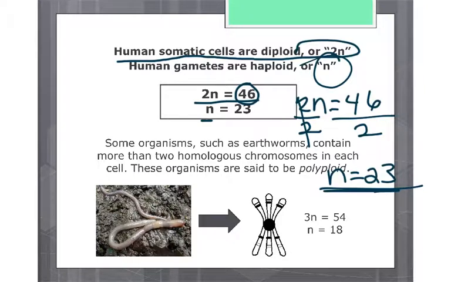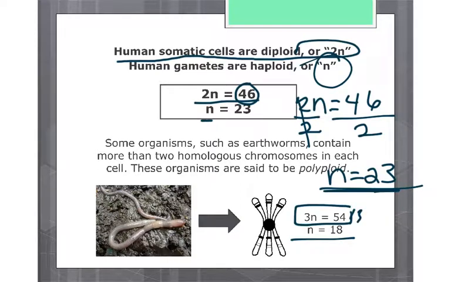Some organisms, such as earthworms, contain more than 2 homologous chromosomes in each cell. These organisms are considered to be polyploid. So we can see something that maybe is a triploid. So 3n equals 54. To figure out what that haploid value would be, we solve for n using basic algebra, divide by 3 here, divide by 3 here.